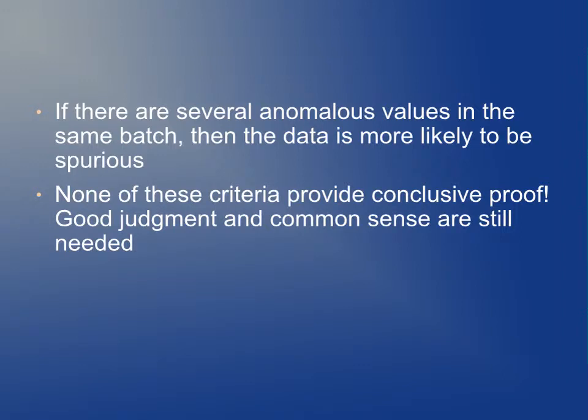And if a couple of weird values are in the same batch of the data, it is more likely to be bad as well. But like I say, none of these are conclusive proof. You just have to use good judgment and common sense.